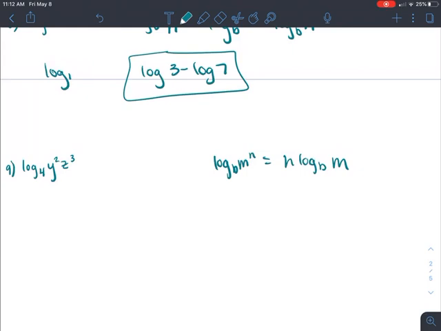We have the product property, so this is the power and the product property. Log base b of mn is log base b of m plus log base b of n.